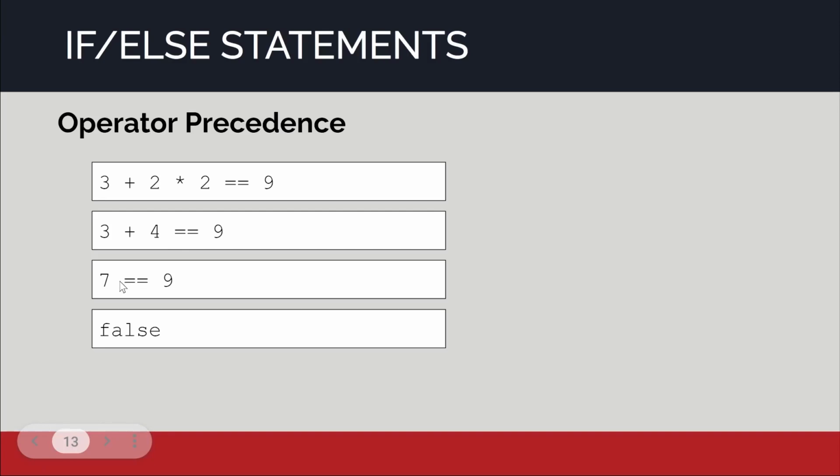So this 3 plus 4 gets evaluated to 7. And then this equality operator is the next one in precedence. Is 7 equal to 9? It is not. So this whole expression that you saw at the very beginning will evaluate to false. Even though it looks like a mathematical expression, you're not going to get a number out of this. You're going to get a Boolean value.